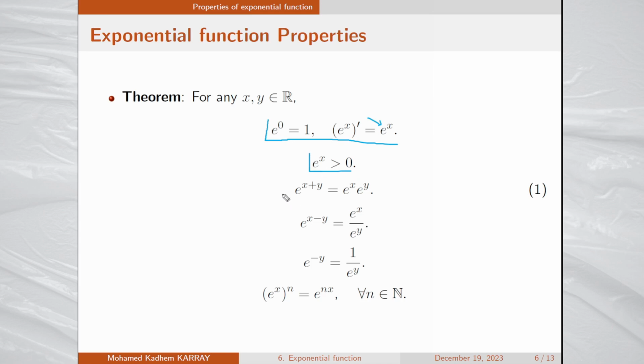The third property says that the exponential transforms an addition to a product. So the exponential of x plus y equals the exponential of x multiplied by exponential of y. Similarly, the exponential of a difference equals the ratio between the exponentials. In particular, exponential of minus y equals 1 over exponential of y.